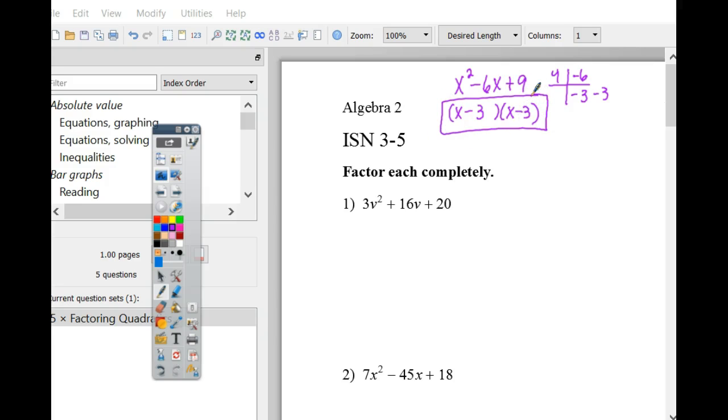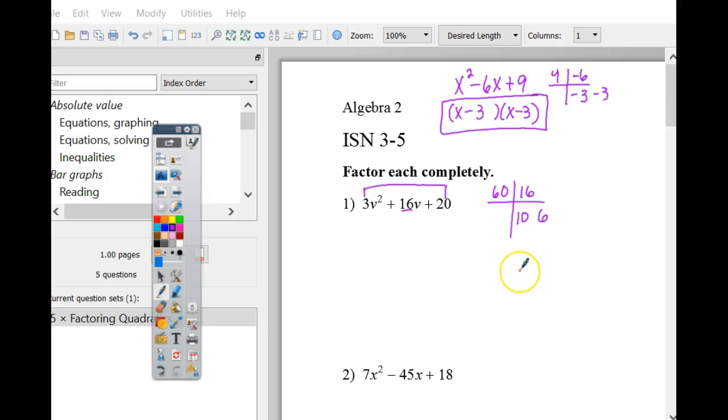But there's no leading coefficient here. But here, there is a leading coefficient on number 1. So we're going to do the same steps. I'm still going to take a times c. So 3 times 20 gives me 60. And my b is 16. So I want factors of 60 that add to 16. And that would be 10 and 6.